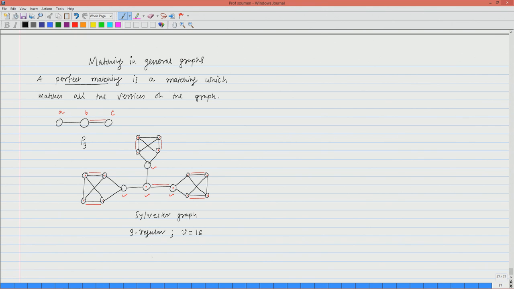Then let me state Tutte's theorem, which characterizes graphs with perfect matchings. So, here is the theorem.